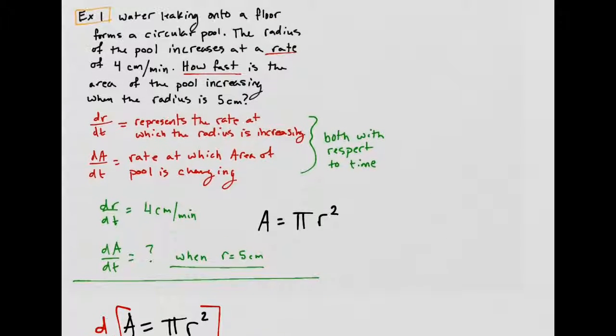The next thing we did was try to find some equation. The equation that you take the derivative of, I'm going to call the primary equation. The hint here was that they talked about a circular pool, and they talked about the area. I knew the area involved a radius, so there we go.